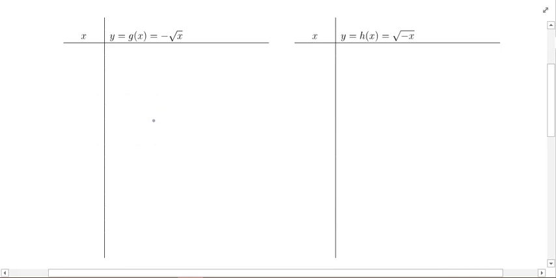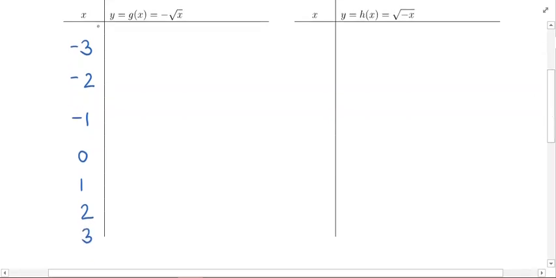We plug them in and get a corresponding y value, and that gives us an ordered pair (x, y) to plot. I am going to stick with the x values I used in example 1. If you remember, I used -3, -2, -1, 0, 1, 2, and 3. So let's try these out.